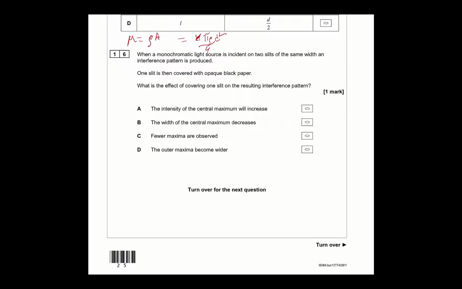The outer maxima are definitely not wider. No, the intensity won't actually increase because you don't have two sources hitting it anymore. It's just one source hitting it. No, you're just going to see fewer maxima.